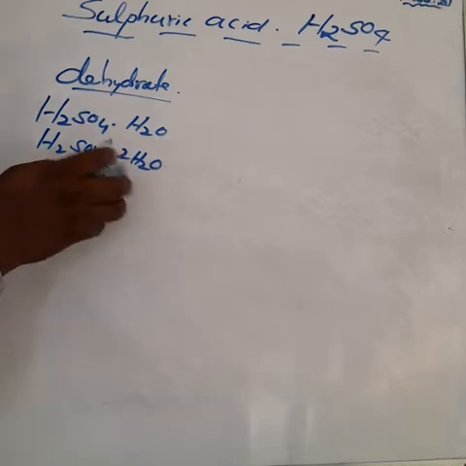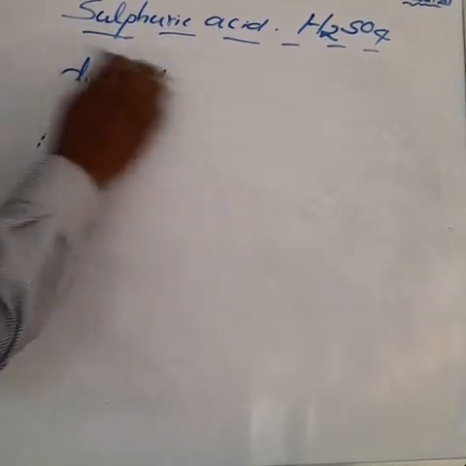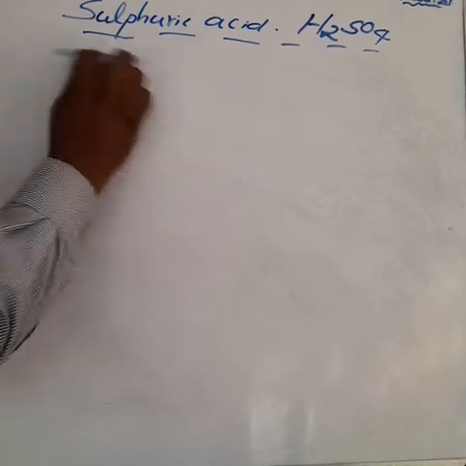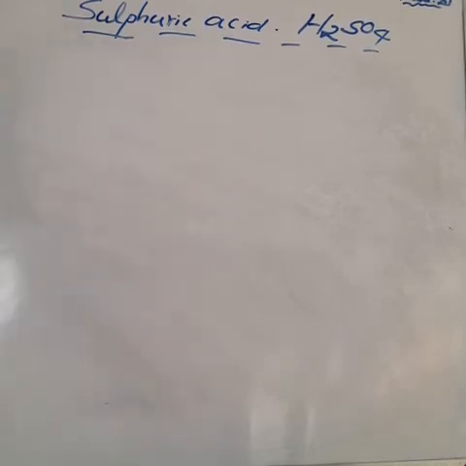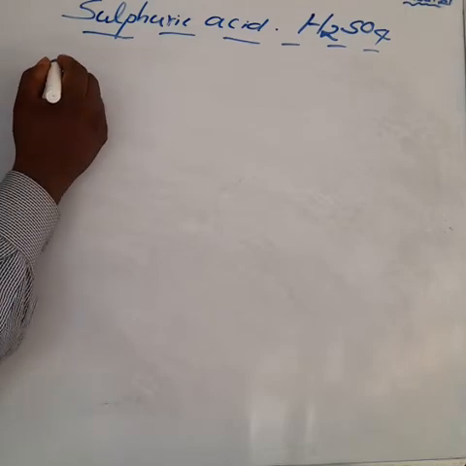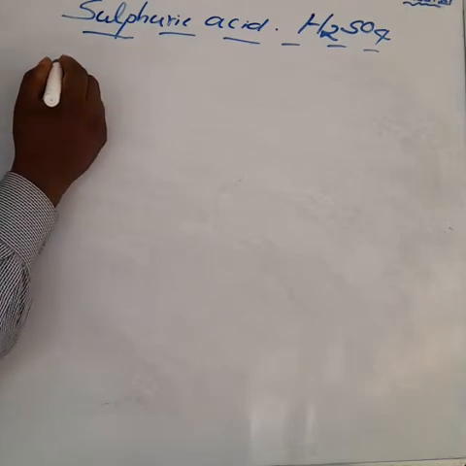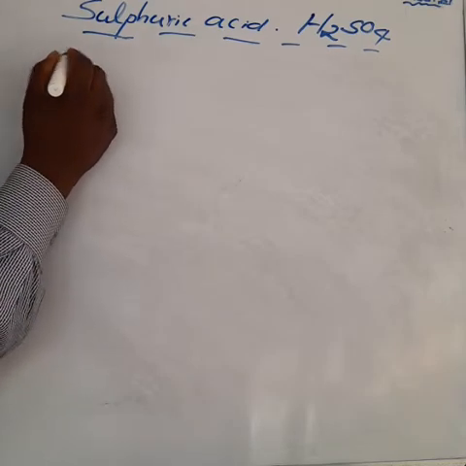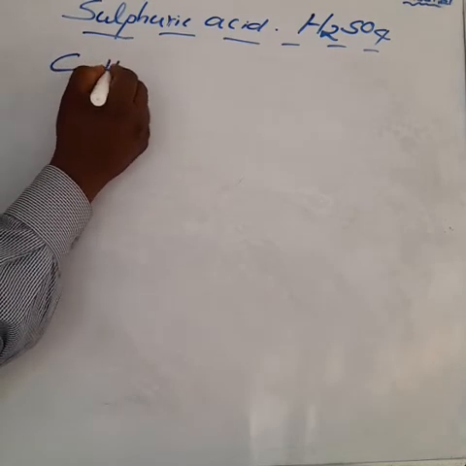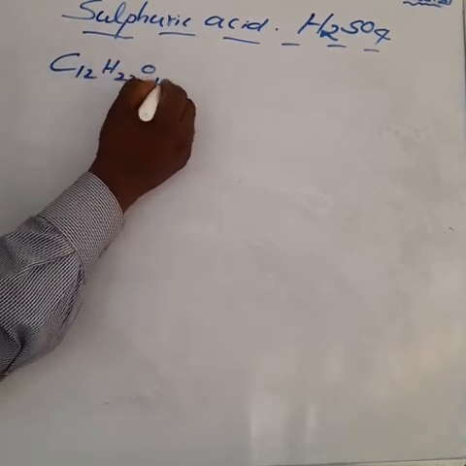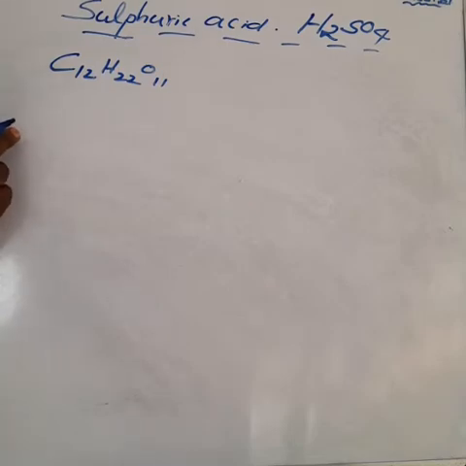Here, the dehydrating property, that is removal of water, can be explained using organic compounds. Sugar, that means sucrose. What is the formula of sucrose? C12H22O11.